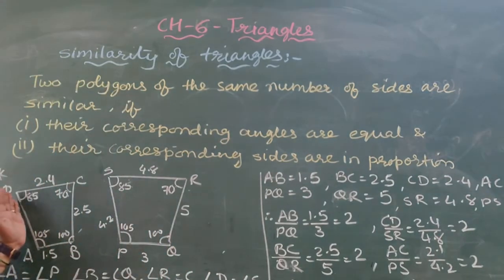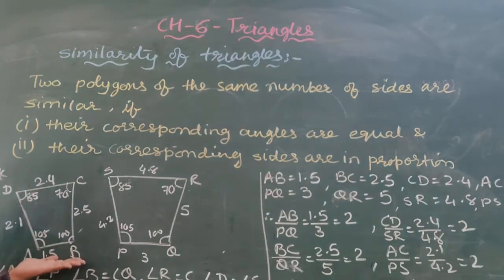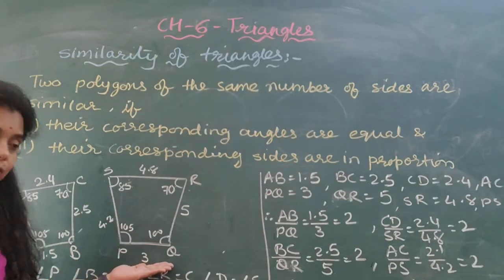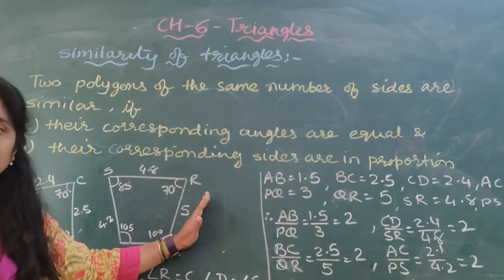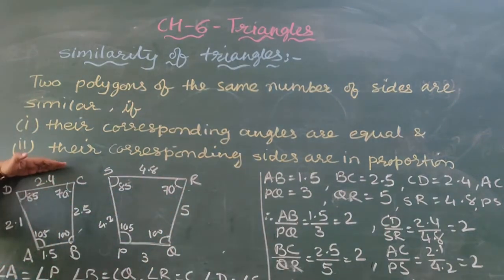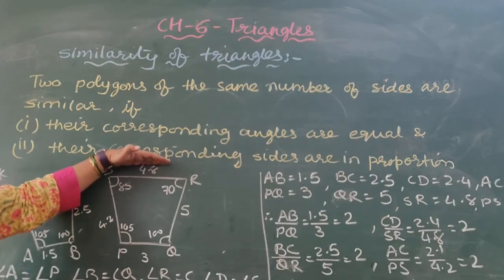It means if AD is this side, then its corresponding side is PS. If AB is at the bottom, its corresponding side is PQ. If BC is on the right hand side, then QR is its corresponding side. CD is at the top, then SR is again a corresponding side.